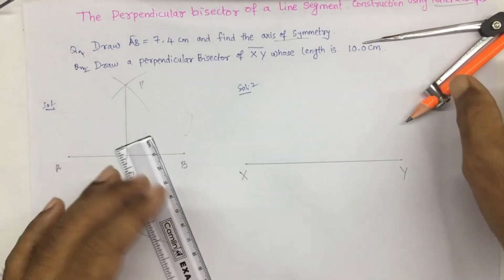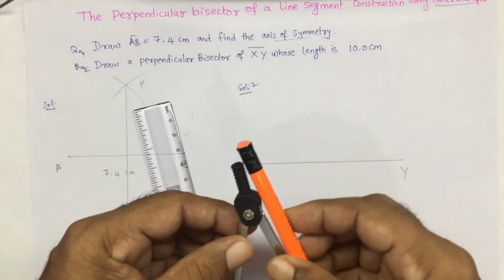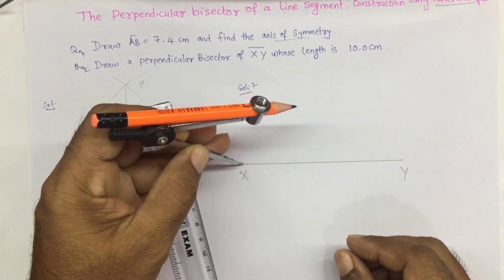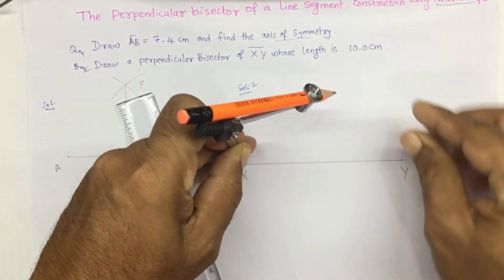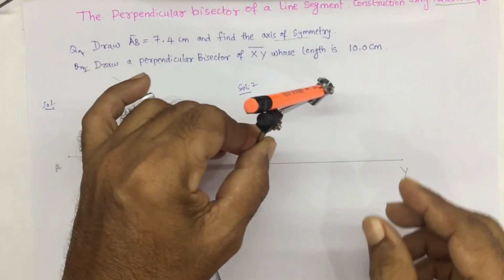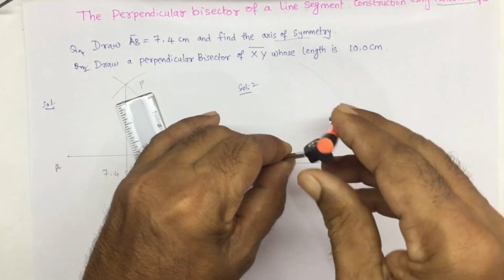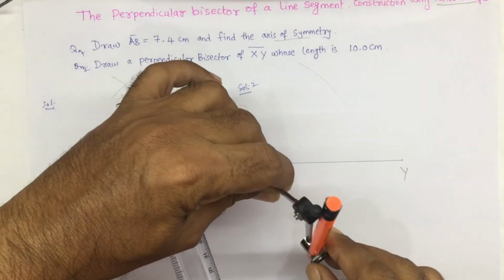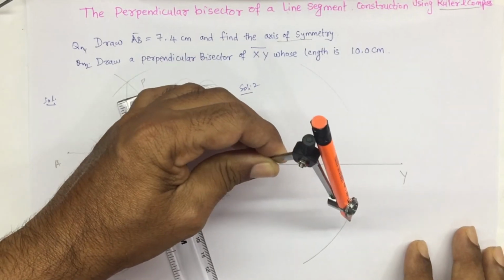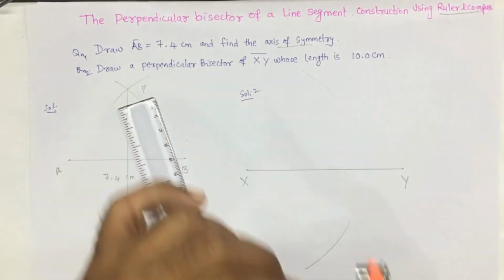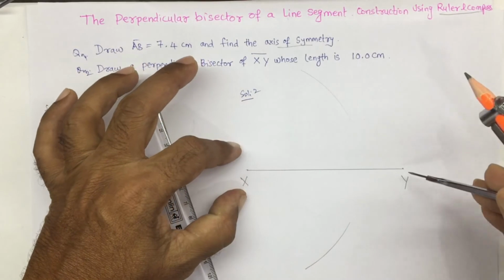Let us do the same way as we have solved before. You can take the arcs more than the half, the radius must be more than half of the given line segment, and draw the two arcs on either side of this line segment.